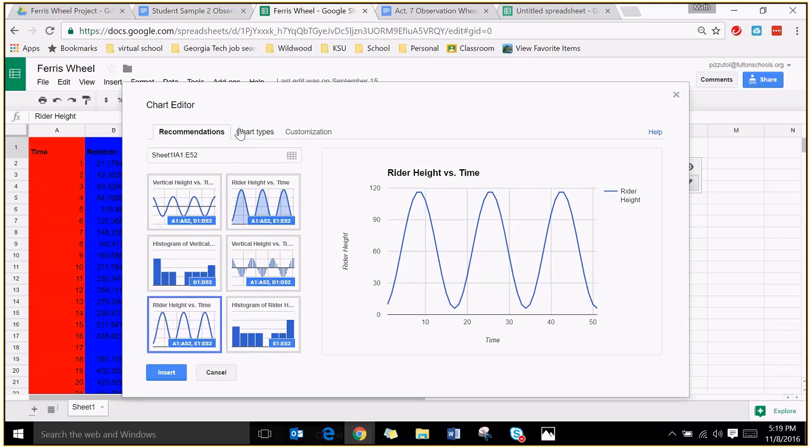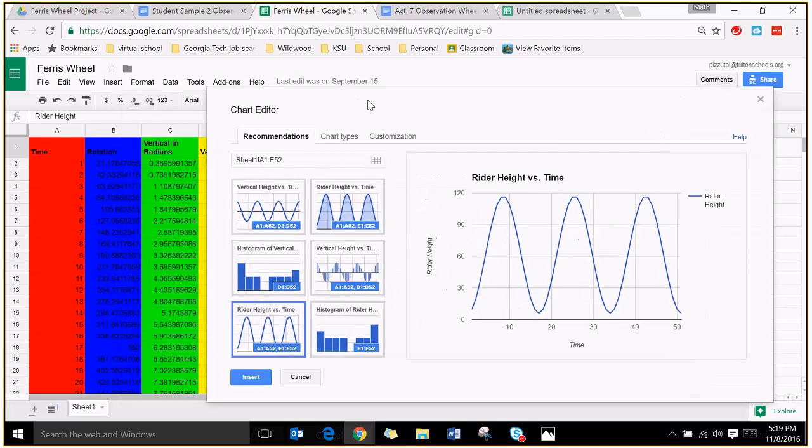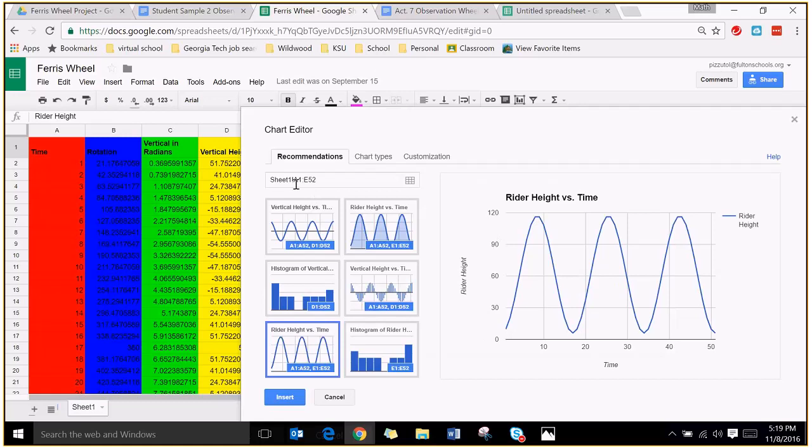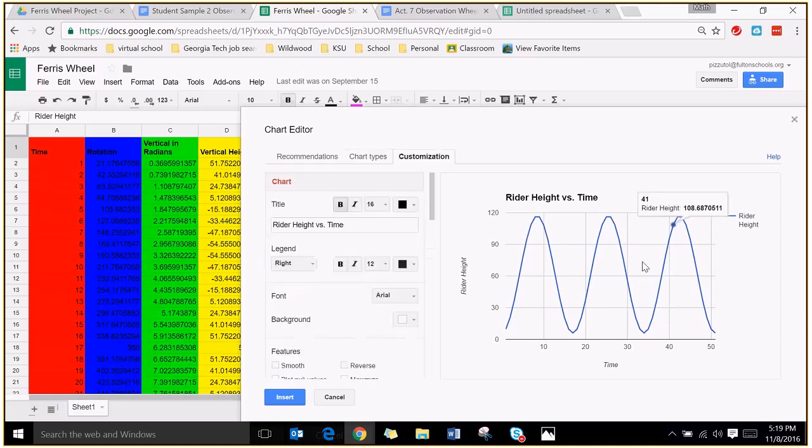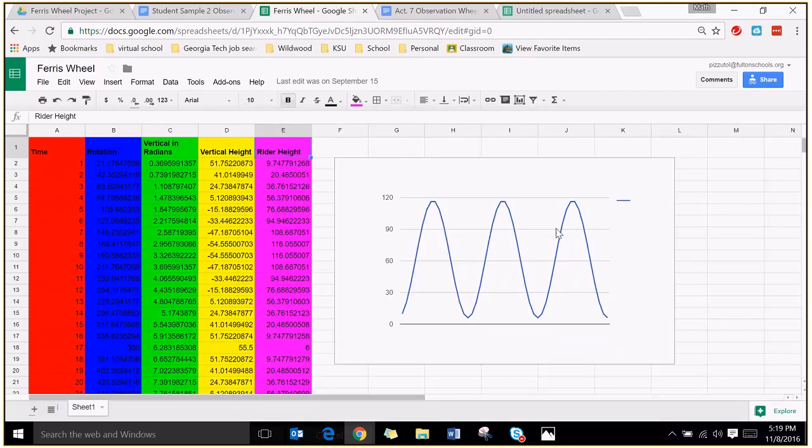And then it tells you I'm using column A1 and E52, because A1 is where my time is, and E is where the rider height is. This will tell you what you want to put in there. You want to use your rider height and your time. And that's how you put that in there.